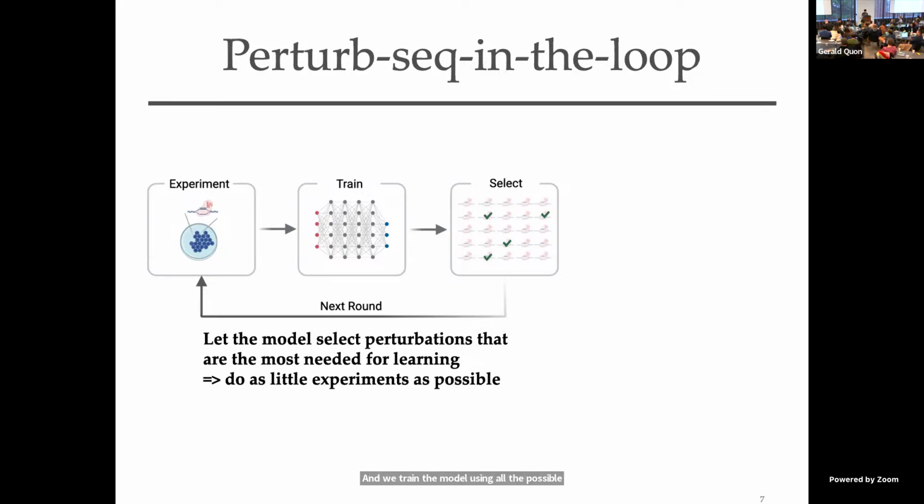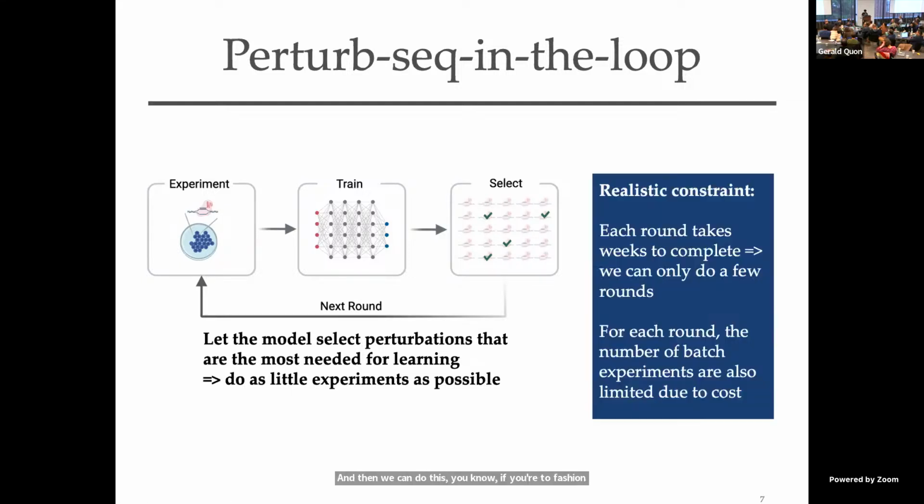Then, given the model, we develop a selection strategy that inspects the model's confidence for each perturbation, seen and unseen, and selects the promising set of perturbations to experiment on in the next round. We do this in an iterative fashion, and in the end, hopefully, we do as few experiments as possible.